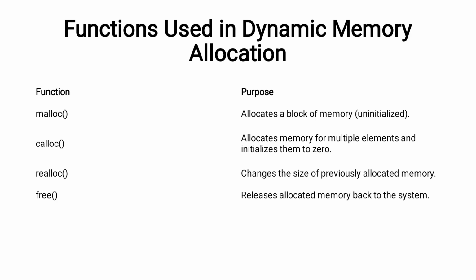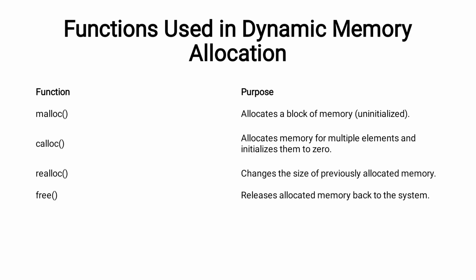The memory is not initialized here. Next, second function calloc. Here also some block of memory will be allocated, but the memory will be initialized with 0 value. That is what calloc does.